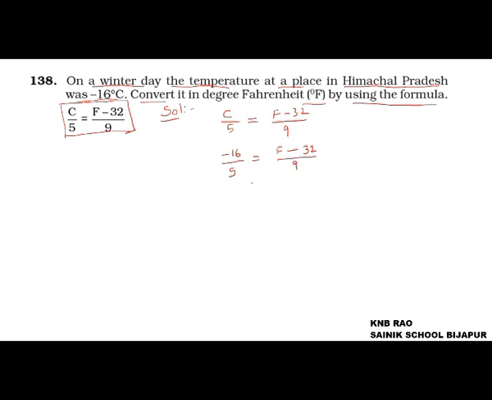Now solving this one, this 9 which is dividing here, if it comes this side, it multiplies minus 16 upon 5 equals to Fahrenheit minus 32.